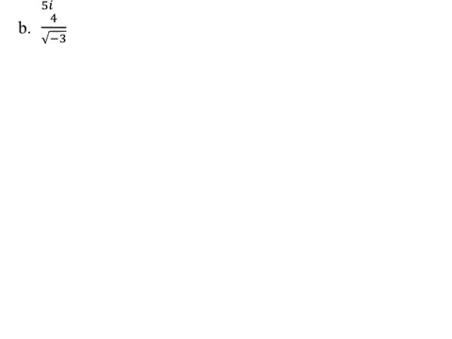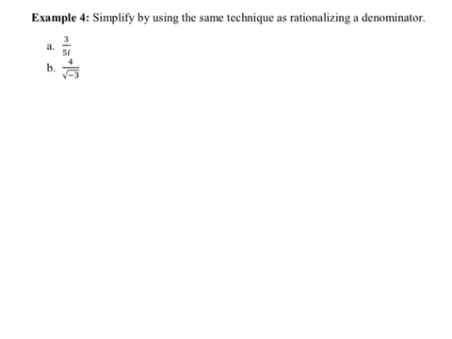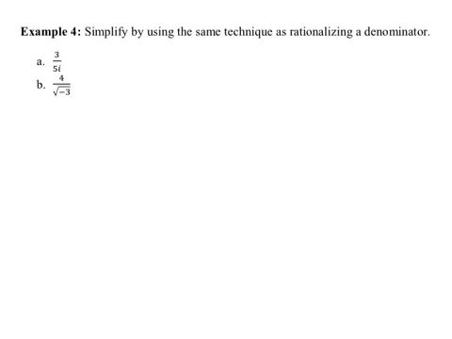Example 4. Okay, so simplify these by the same technique as you would to rationalize a denominator. Remember, if we wanted to get rid of a radical 3 in the denominator, Joe, what would we multiply it by?